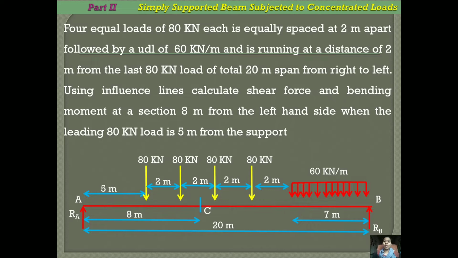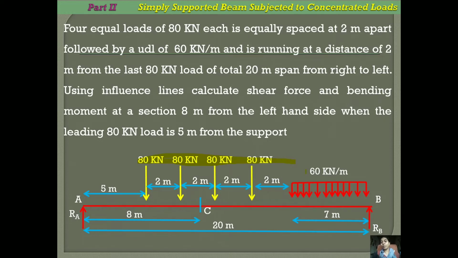Your problem is four equal loads of 80 kilonewton each, equally spaced. You can see four 80 kilonewton loads spaced 2 meters apart, 1, 2, 3, 4, followed by a UDL of 60 kilonewton per meter.